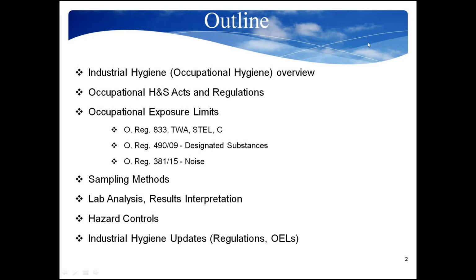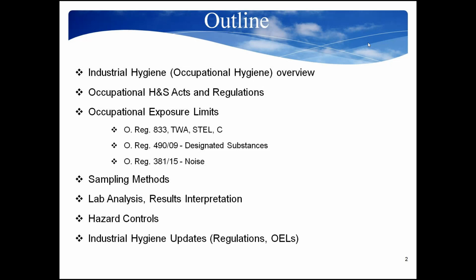So the outline for today's webinar will be to discuss industrial hygiene, get an overview of what that is, Occupational Health and Safety Acts and Regulations, and the exposure limits. For Ontario, they are O. Reg. 833, dealing with TWA, STEL, and ceiling limits, O. Reg. 490 for designated substances, and for noise, O. Reg. 381.